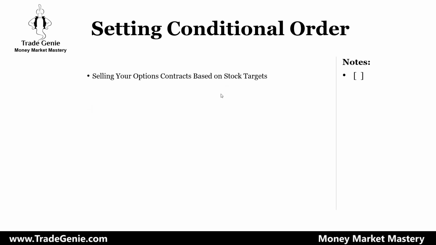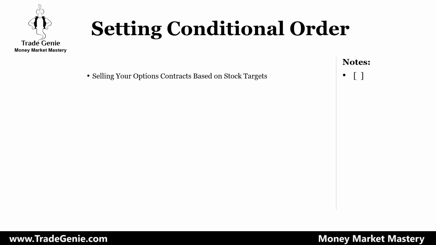The last thing is setting the conditional order, which I have another presentation on. If you don't know what the expected option price will be when the target hits, you can set your sell order based on a conditional order. A conditional order tells the market to sell my option contract at market based on some event. The event could be the target hitting.